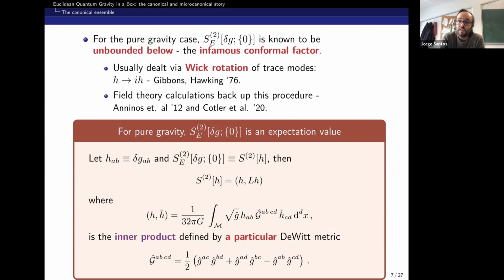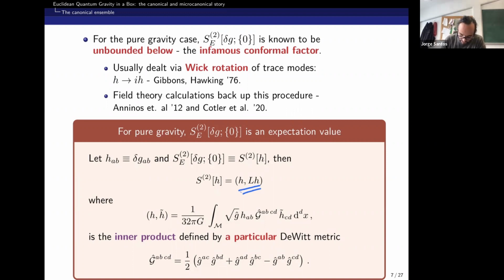At quadratic order, it turns out that you can write the second order piece as an expectation value. This is not obvious, but it turns out that you can do it, okay? It's an expectation value. There's an inner product defined here. That's what defines your expectation value between two objects, H and LH. I'm not telling you yet what L is, but I'm telling you what the inner product is.